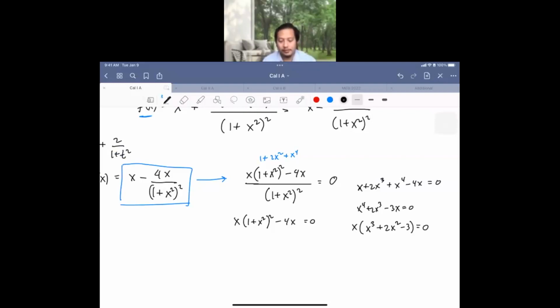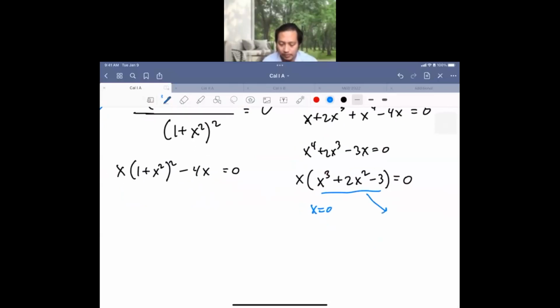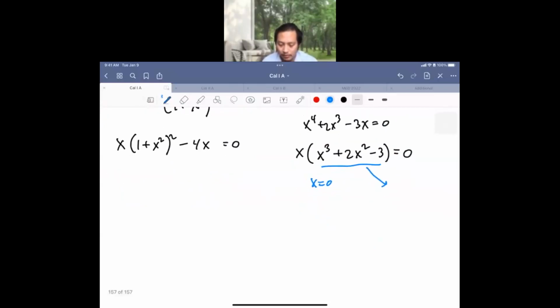If you want to solve this, it's okay. So x equals 0, and you need to solve this x cubed. We could solve through polynomial division. So you could have 1, 2, 0, negative 3. And you could try numbers that I think are easy to solve, like for example 1.